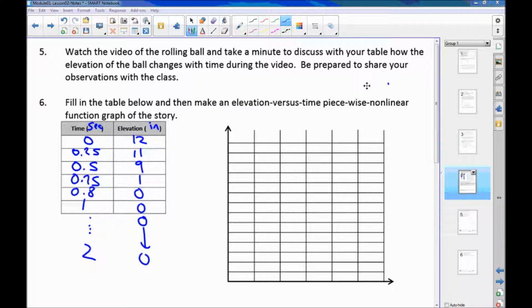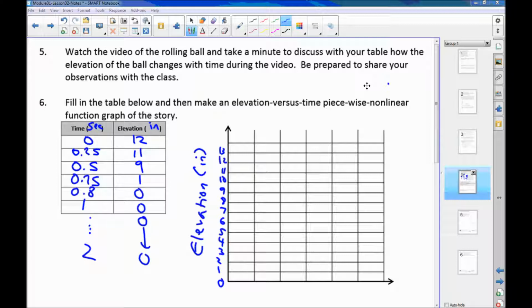All right, so we know our elevation needs to go from 0 to 12. So let's put elevation on our y-axis, same as we were doing last class. And our elevation in this case is in inches. So that's going to go 0, 1, 2, 3, 4, 5, 6, 7, 8, 9, 10, 11, 12, 13. So that all fits on there.